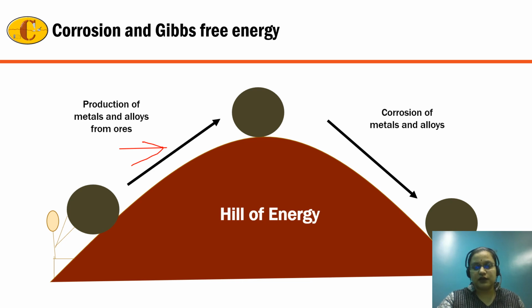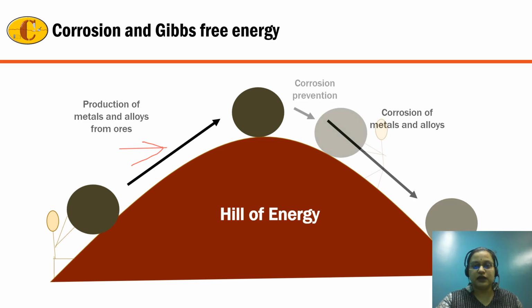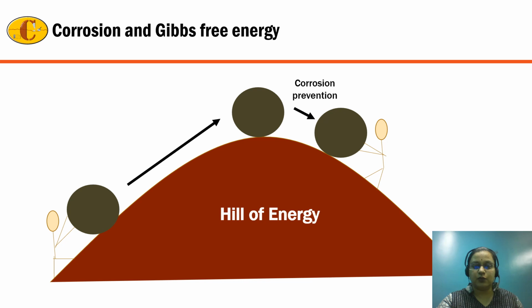The moment it is able to interact with the environment, it will start corroding and forming stable oxides which have the lowest energy state, which means that it will start moving down the hill and it will remain at the bottom of the hill in the corroded state. So when we want to prevent corrosion, we are basically trying to stop the ball from rolling down, and this can be done in a couple of different ways.